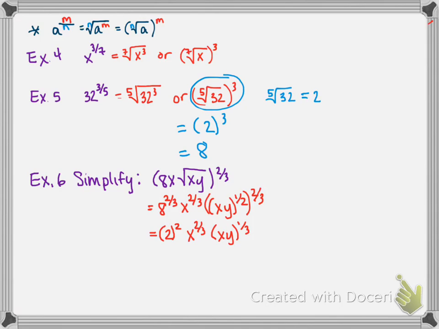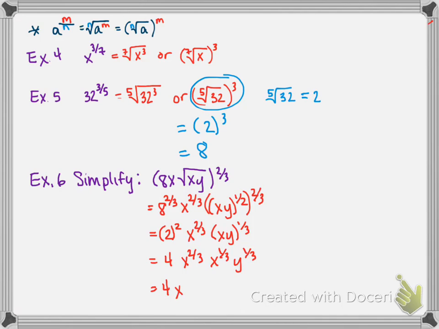So this becomes xy to the 1/3 power. 2 squared is 4. X to the 2/3. Now this is another power of a product, so both x and y get raised to the 1/3 power. So I have x to the 1/3 power, y to the 1/3 power. The 4 stays the same.